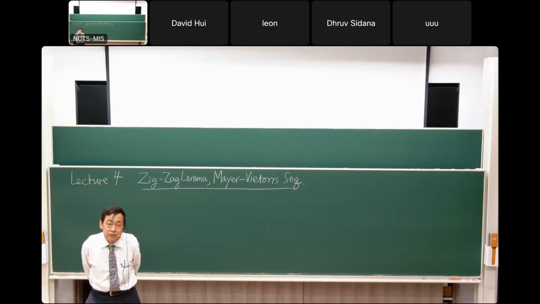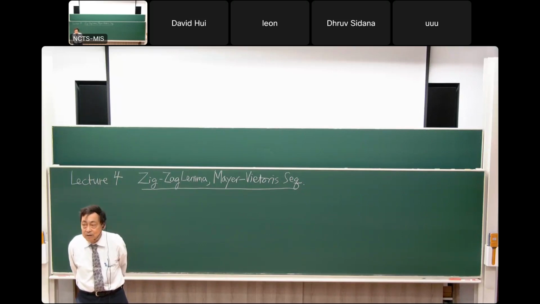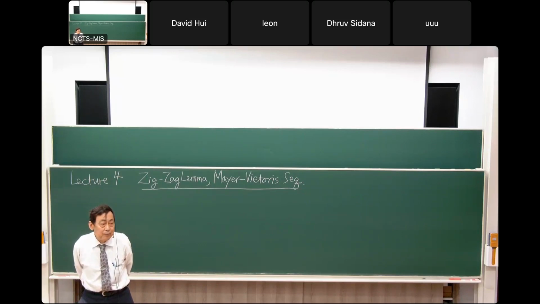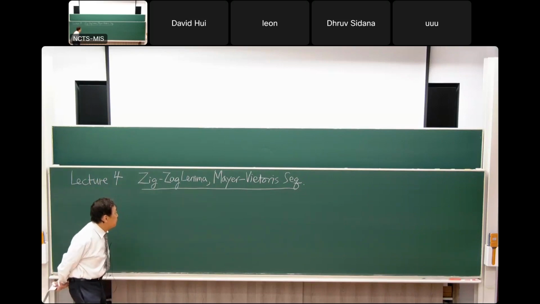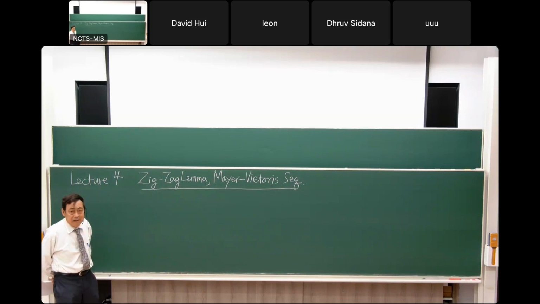In order to compute the cohomology of other manifolds, we need more techniques. Today I want to develop one technique called the Mayer-Vietoris sequence, and it's based on the Zig-Zag lemma.